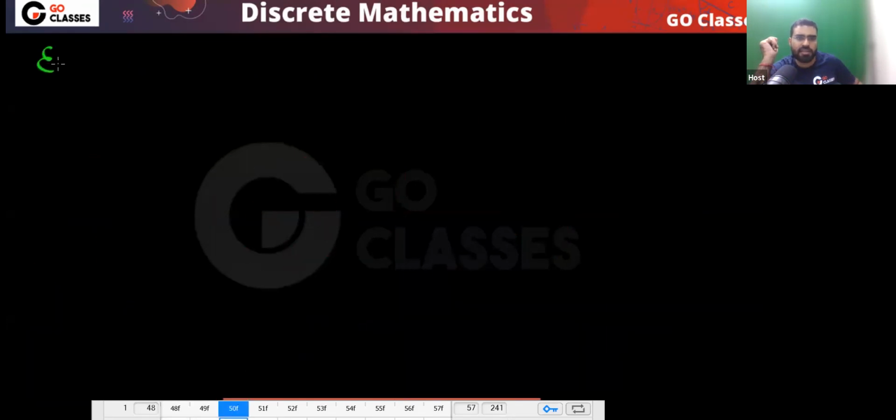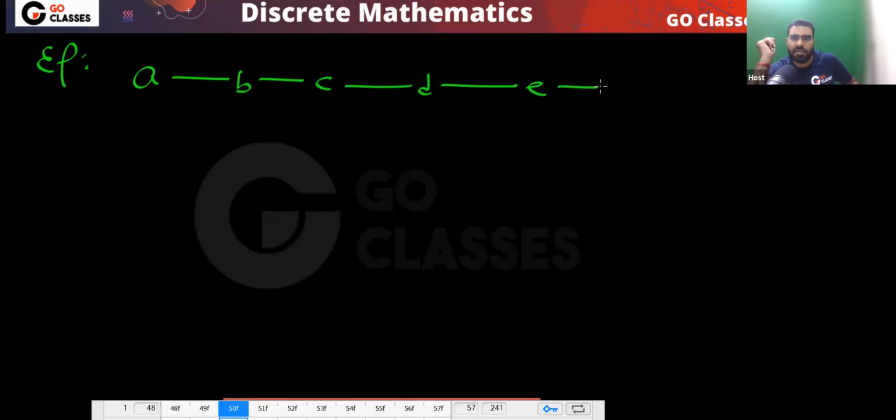Let me take another example. Consider any graph, for example, A, B, C, D, E, F. Let's call this graph G. In this graph G, you can see that there is a walk of length 1 between A comma B. There is no walk of length 2.